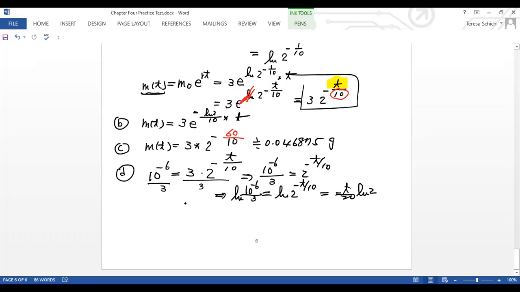Then you can solve for t. You have natural log of 10 to the negative 6 over 3 equal to negative t over 10 natural log 2.